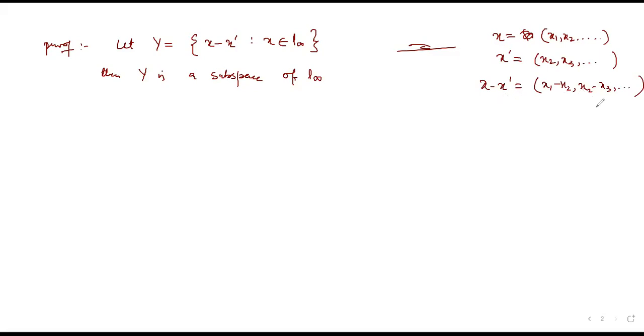So पहले तो ये है कि it is a bounded sequence, obviously, है ना, because it's like xi minus xi plus 1, and that will be less than equal to xi plus xi plus 1. लेकिन क्योंकि ये bounded sequence है xi, so this is less than equal to c plus c, that's 2c. मतलब it's a bounded sequence, so it is contained within L infinity.